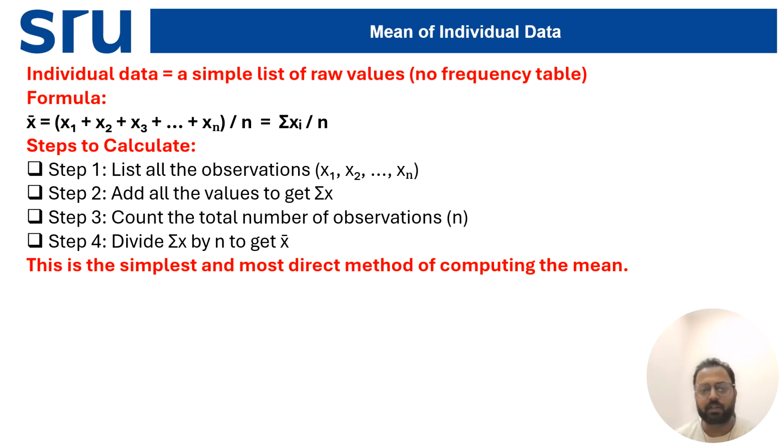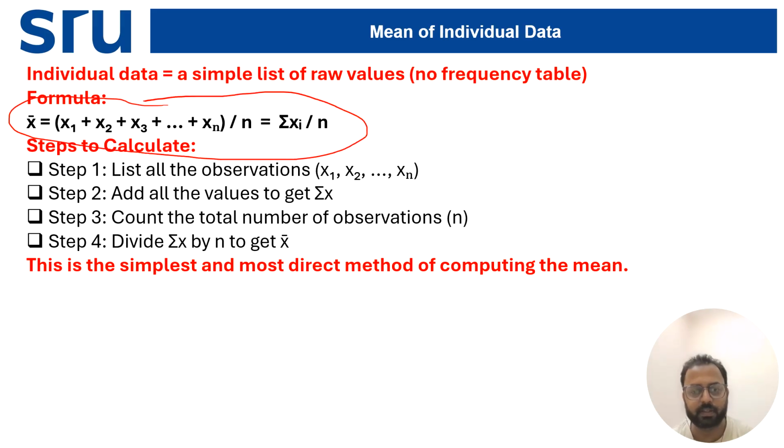Now come to the first definition, mean of individual data. There are three types: individual data, discrete data, and continuous data. The formula for mean of individual data is x bar equals the sum of all observations divided by the number of observations.